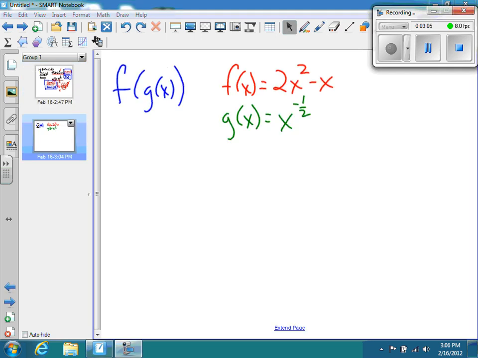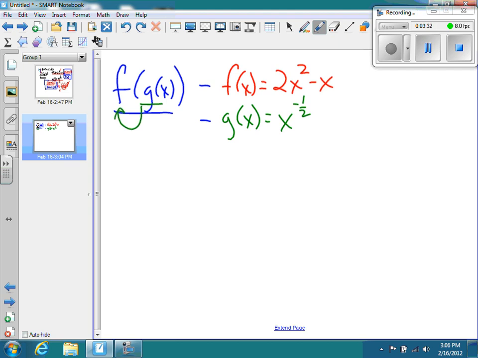So now I've rewritten my problem on a clean sheet, and I want to find the composition of f of g of x, and I rewrote f of x and I rewrote g of x. So how am I going to do that? Well, what I'm trying to do here is I want to plug g of x into my function f of x.